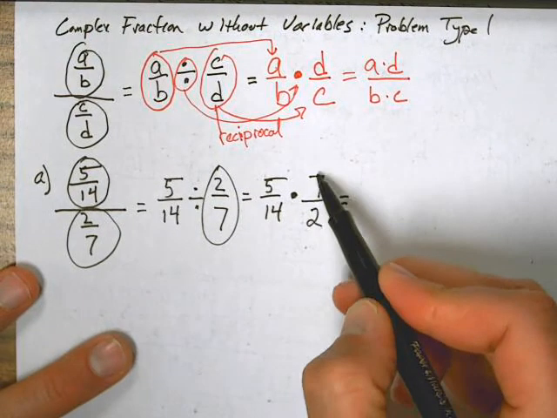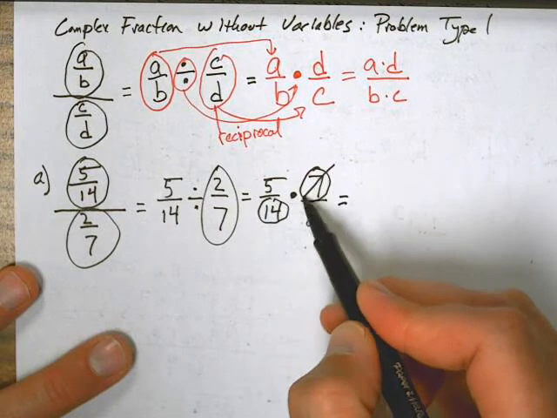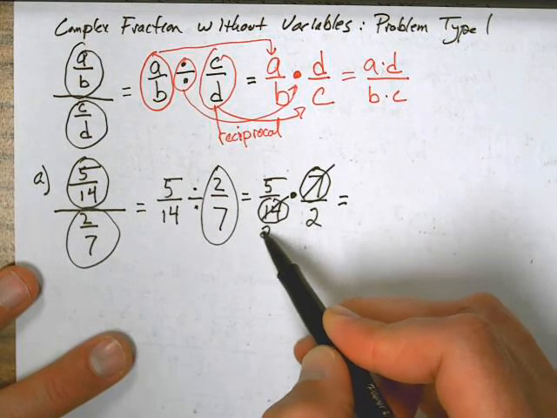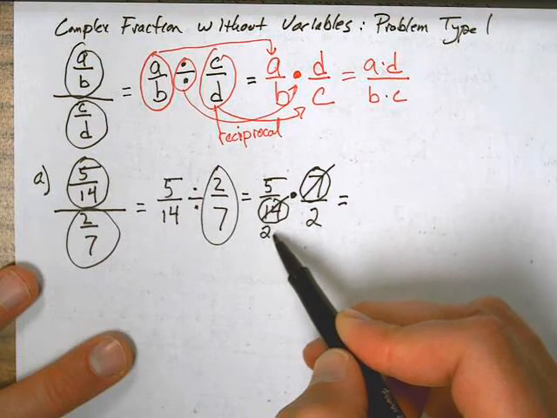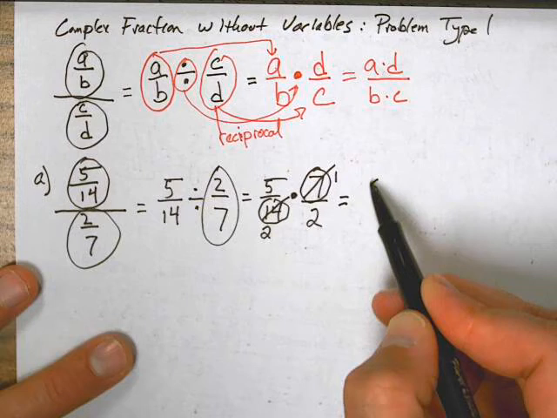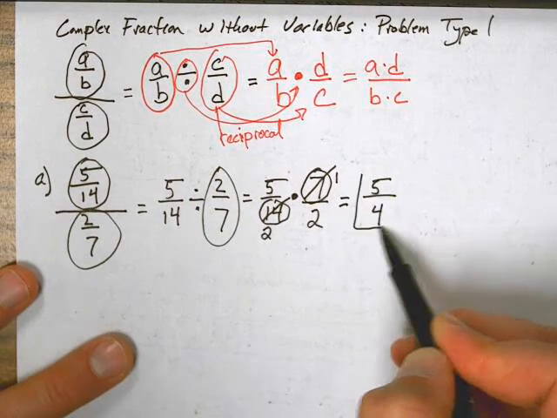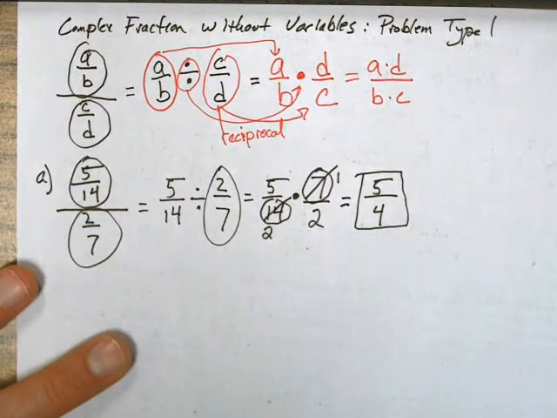So for example, I know that 7 goes into 14 twice. That factor of 2 is in the bottom. And the top is just 5 times, really that's a 1, so it's 5. And the bottom is 2 times 2, 4. So my final answer would be the fraction 5/4.